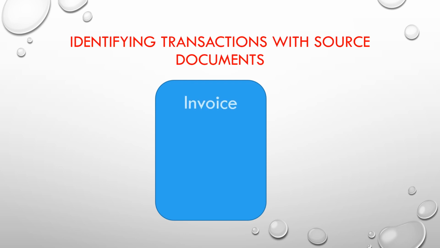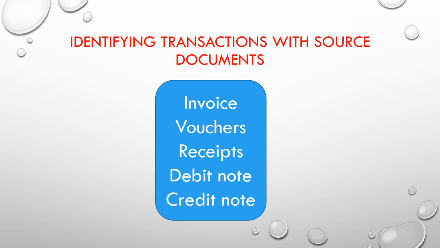For example, we have invoices, vouchers, receipts, debit notes, credit notes as examples of source documents. We need to identify each and every transaction occurring in an organization with a supportive source document.